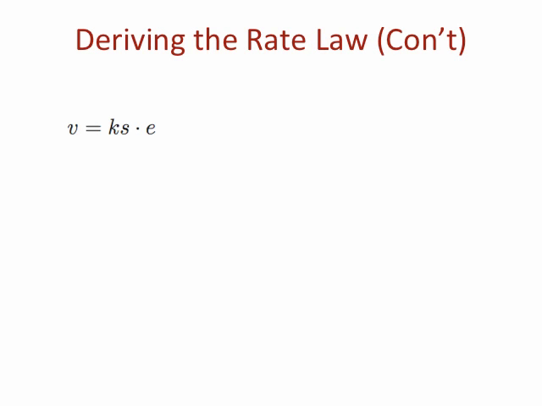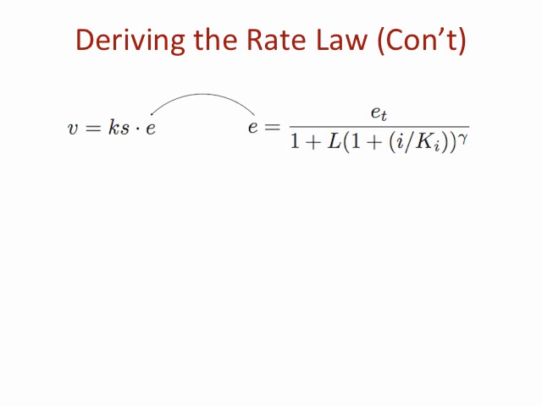Now I look at the rate law itself, which is a rate constant times the concentration of S and E. And now I can take the equation on the former slide and substitute it in there. Here I have put a general number of subunits gamma into the expression, and on the previous slide gamma was 4, but you can actually derive this for any number of subunits of a regulated enzyme.